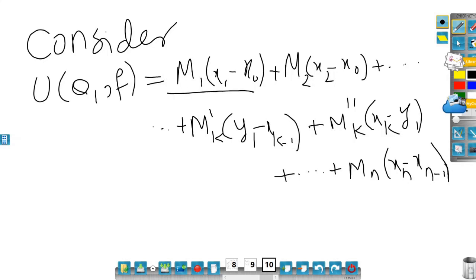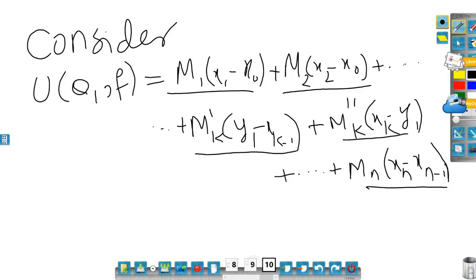So how many terms are these which I have underlined? These total n plus 1 terms, because n plus 1 rectangles form in UQ1F, and those areas I have noted down.